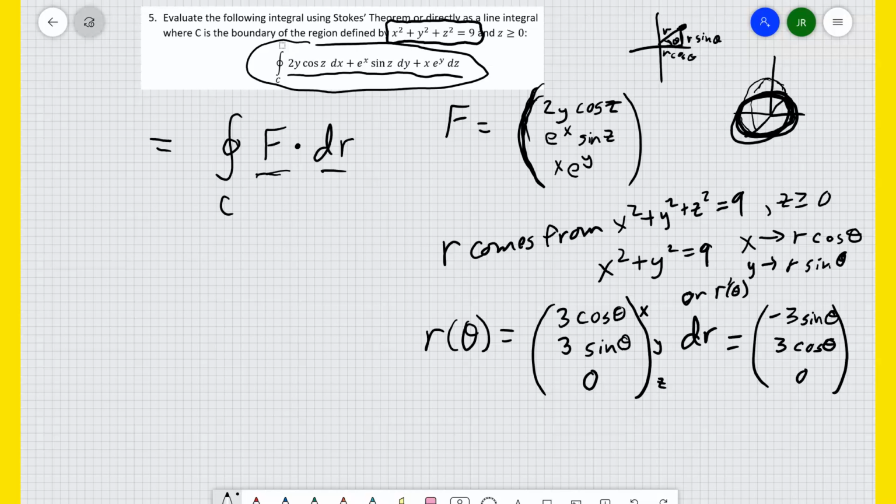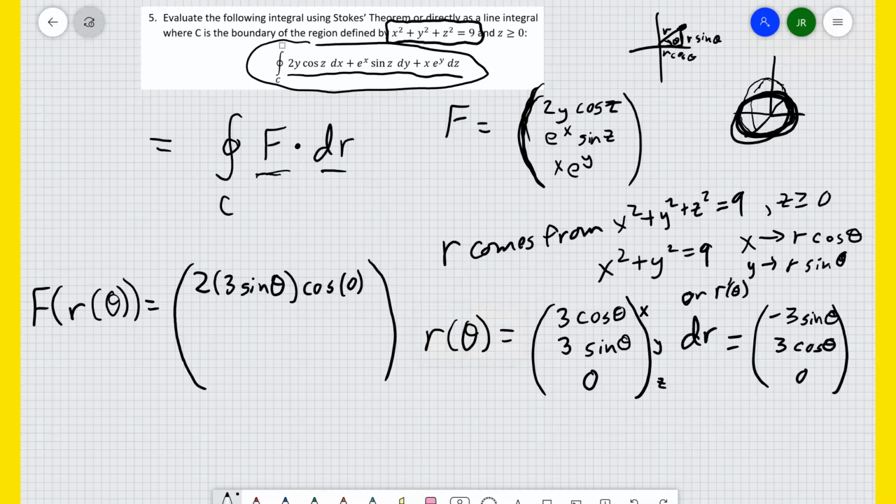We're going to express f as a function of r, and r happens to be a function of theta. So we're going to find f of r of theta by using 3 cosine theta wherever there's an x, 3 sine theta wherever there's a y, and 0 wherever there's a z. So it's going to be 2 times 3 sine theta times cosine of z, which is 0.